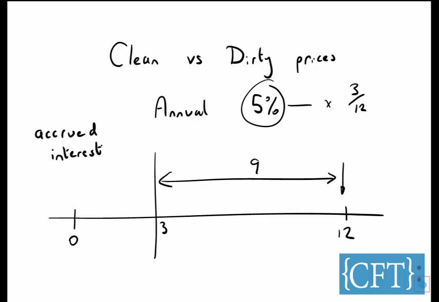So what we would say is you're selling the bond at month 3, and the new buyer will pay you 3 months of accrued interest for that 3-month period that you held the bond but are not receiving the coupon for. The new holder will hold it for the remaining 9 months and then receive the whole 12 months of interest at month 12. So you're going to receive your 1.25%.